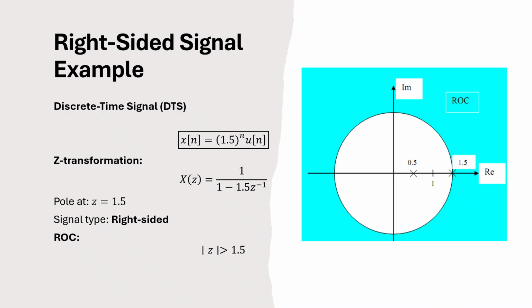Since this is a right-sided or causal signal, according to the rules, the ROC is the region outside the pole, that is z greater than 1.5. This includes all points further from the origin than the pole, extended to infinity. This type of ROC ensures that the system can be physically realizable, which is why most real-world systems are causal.